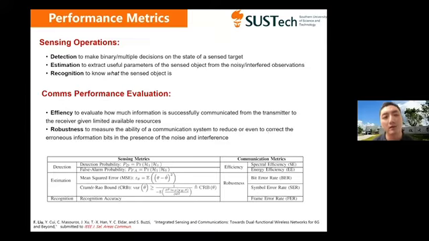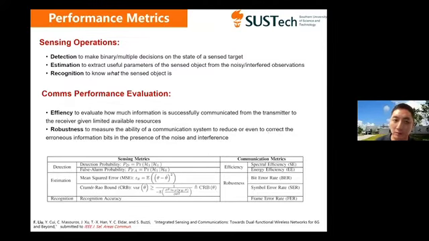So let's first look at some performance metrics of sensing and communication. The sensing operations can be roughly split into three categories: detection, estimation, recognition. Detection is to make a binary or multiple decisions on the state of a sensed object. For example, is a target present or absent? Is this person sleeping or not, standing or not? So this is a detection problem. Estimation is to extract useful parameters of the sensed object from noisy or interfered observations.